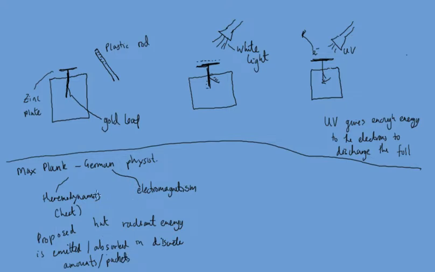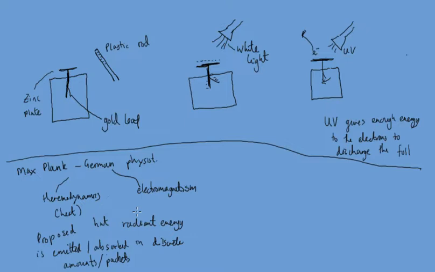At that point, people were looking at how a body, something that was hot, how it emits energy, and they were perplexed by the amounts of energy different bodies would emit, and it didn't really fit in with the theories that they had.